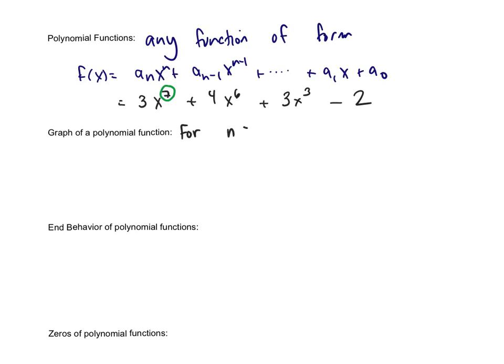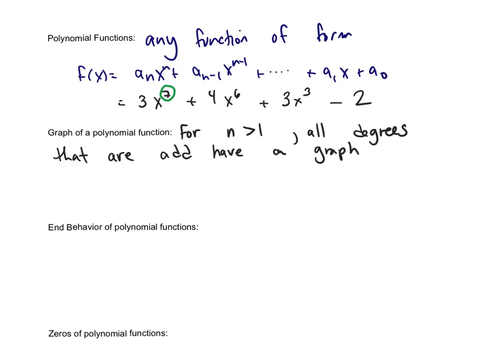So for an n greater than 1, all degrees that are odd, so 3, 5, 7, 9, all those things have a graph of an S-curve. So it's going to look something like this, or it could be upside down like this. And there can be little bumps and little changes in the graph along the way, but that's the general idea.